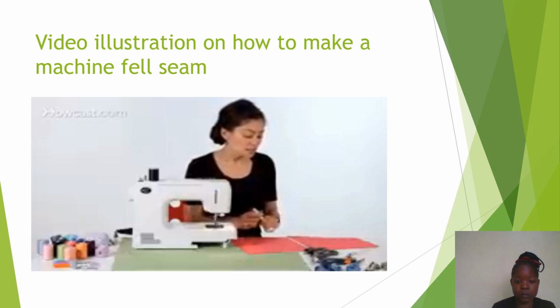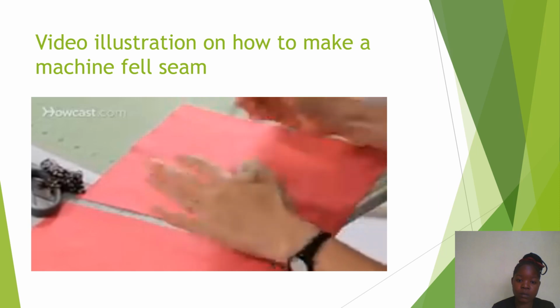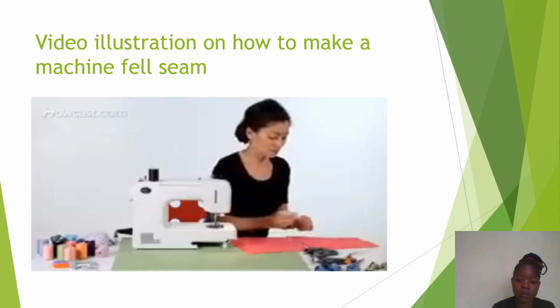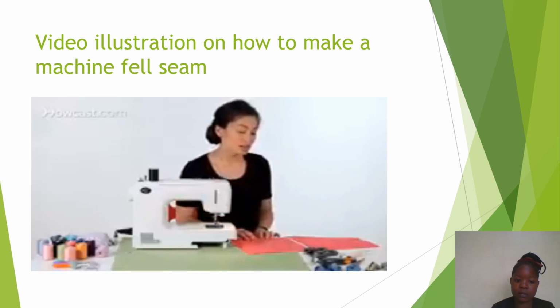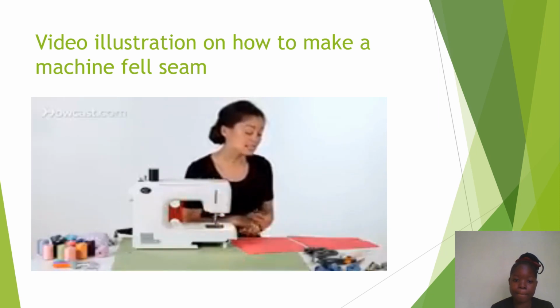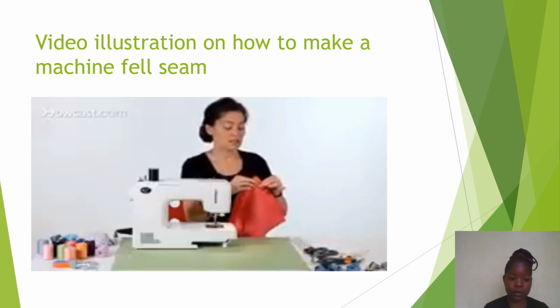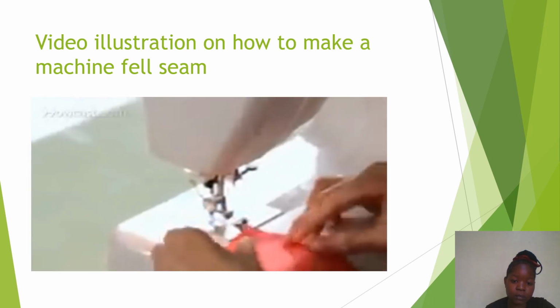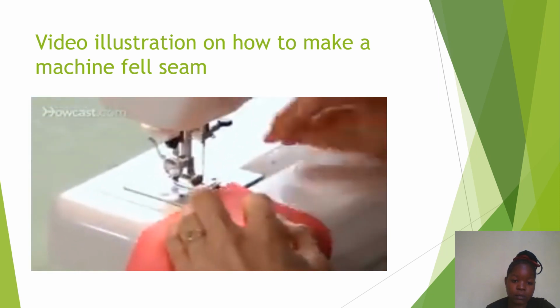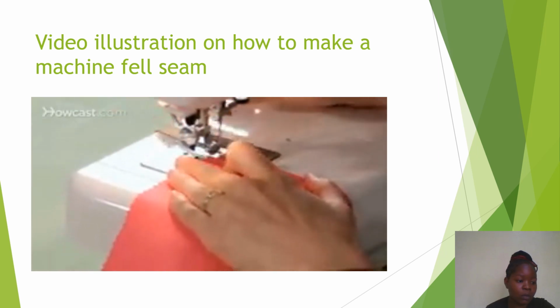To demonstrate that today, we're going to need to identify the wrong side of the fabric. So I'm just going to mark my two wrong sides. And I'm going to start by sewing wrong sides together. I'm going to line up my fabric, wrong sides together, and sew a 5/8 of an inch seam allowance.